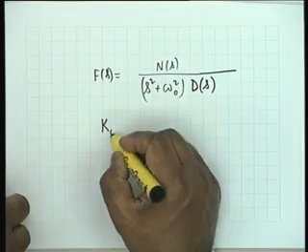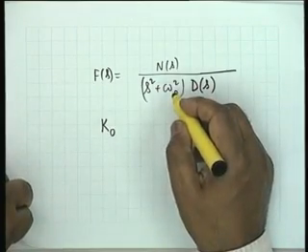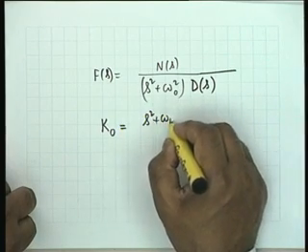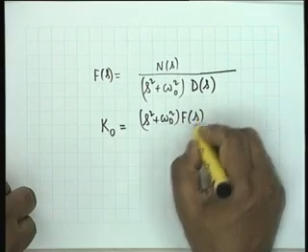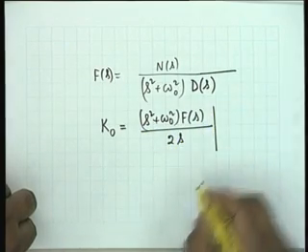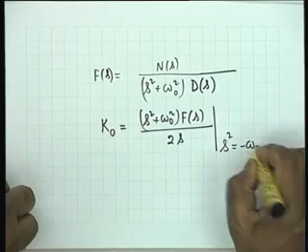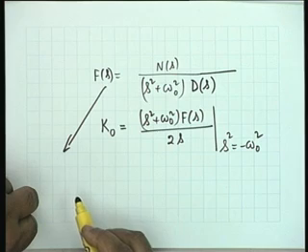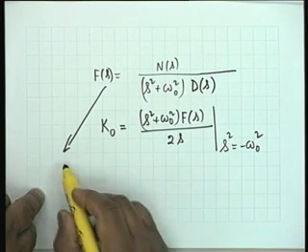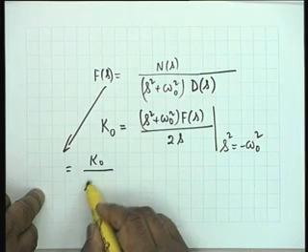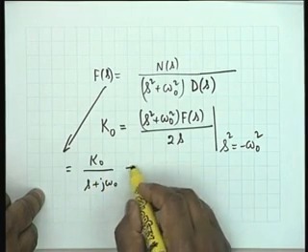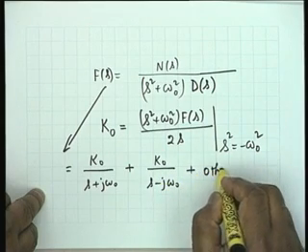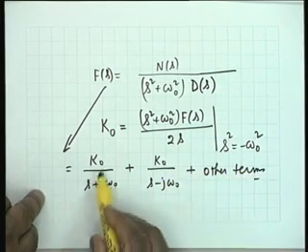Then the residue k naught at either of the two poles is defined as s squared plus omega naught squared multiplied by f of s divided by twice s, at s squared equal to minus omega naught squared, which simply means that we have expanded f of s in partial fractions: k0 by s plus j omega naught plus k0 divided by s minus j omega naught plus other terms. That is what k0 is.